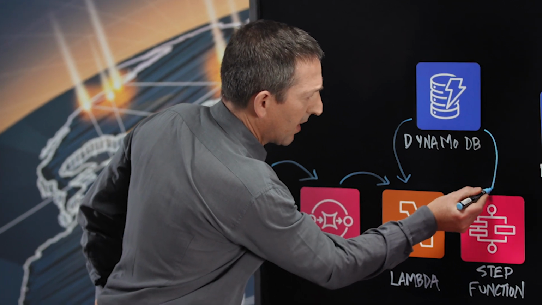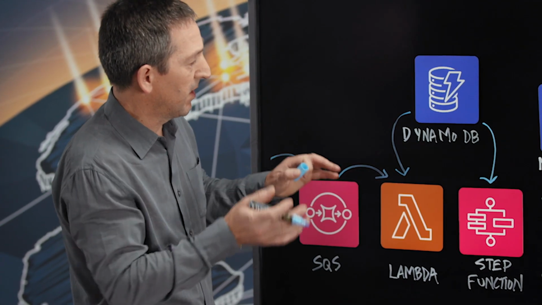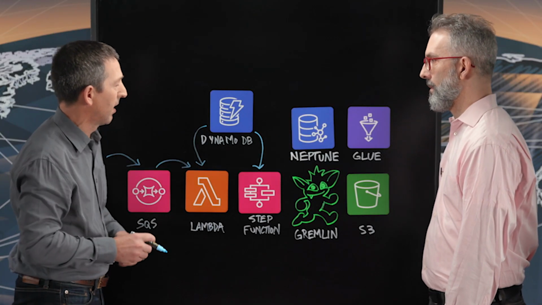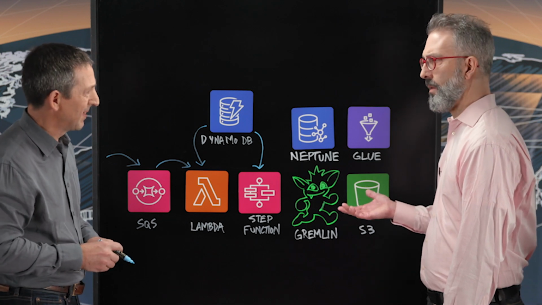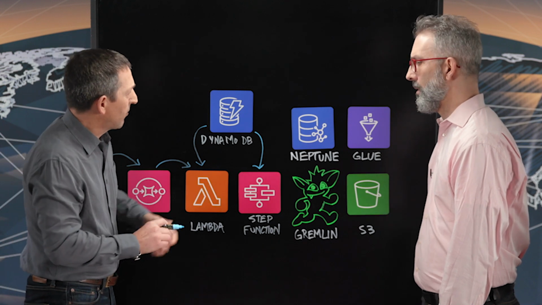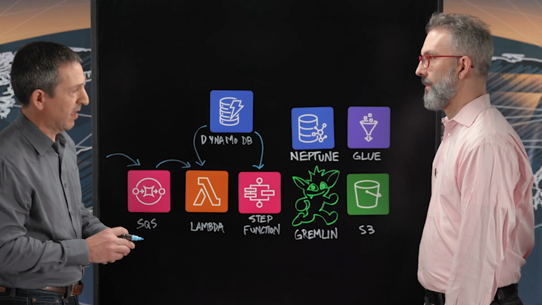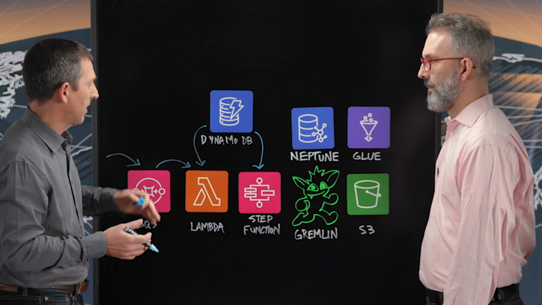The step function is at the core of the coordination of the detailed steps that execute to load the data to Neptune and do the other operations that we're talking about here. And you need to use step functions because you need to save state, or what's the driving? Well, because as you'll see when we get to these other steps, there are a lot of detailed actions, some of which may take a period of time that would exceed a Lambda execution window and that really need tight coordination.